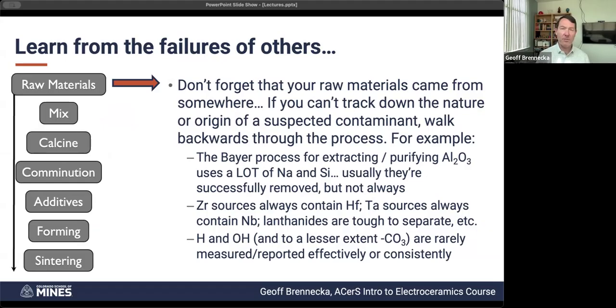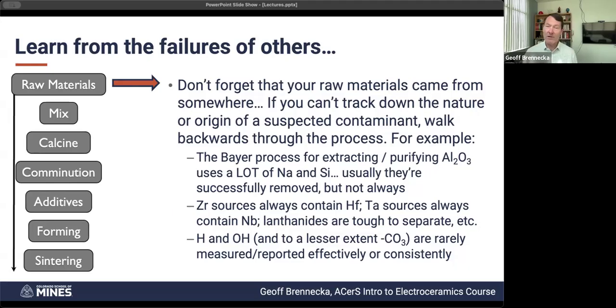So as I mentioned just a couple of minutes ago, don't forget that your raw materials came from somewhere. And getting to parts per million level of impurity or better is expensive. It's difficult. It may not be essential for 90% of products or 99% of products, but your particular product happens to be really sensitive to this kind of impurity and this particular raw material, and so you have to know that it's there.